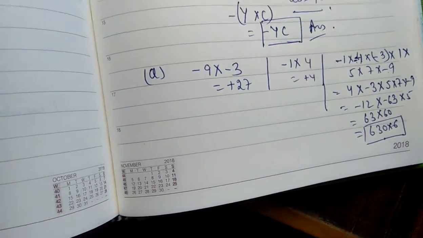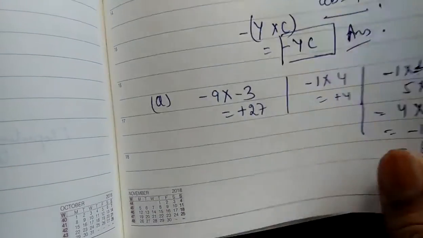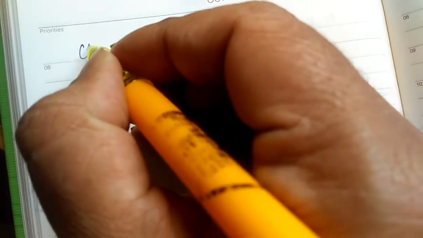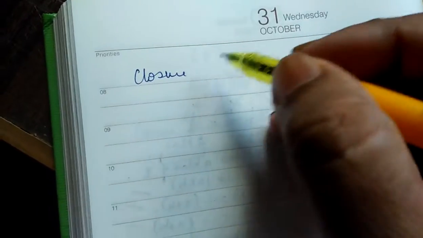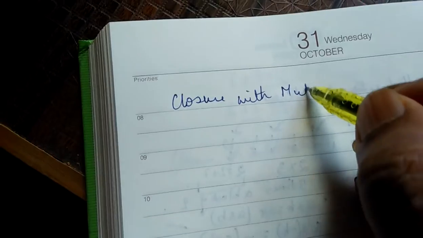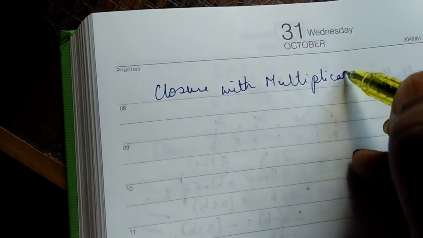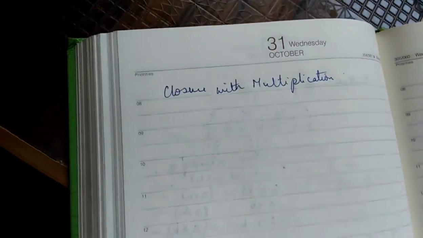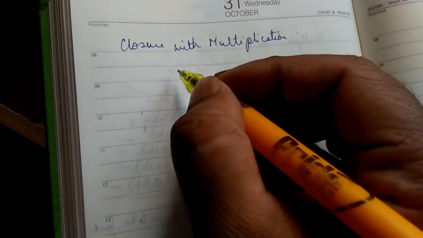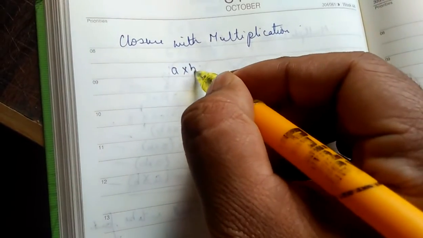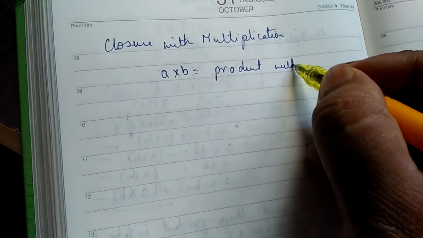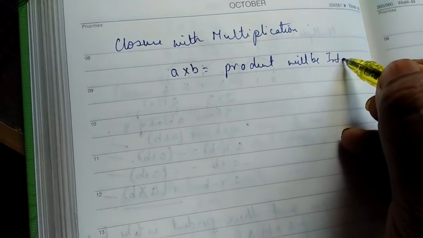Let's see some properties of multiplication. Closure with multiplication: if a is an integer and b is an integer, their product will be an integer.